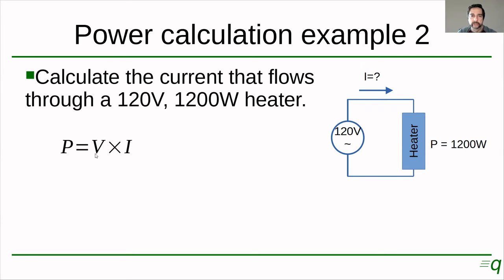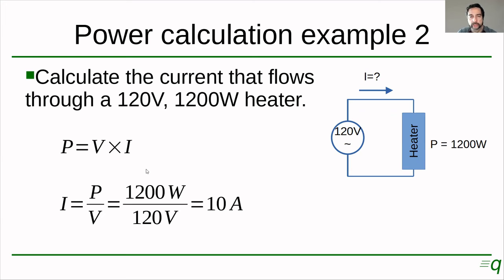So power is voltage times current, so we can solve for current here as power over voltage. So that would be 1200 watts divided by 120 volts. And this is 10 amps. So you have to make sure, if you are going to be powering up a 1200 watt heater, that the cables and the outlet can handle 10 amps to this heater. Okay.